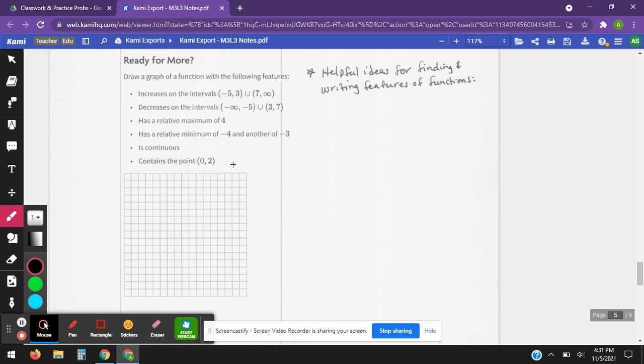So I need to make sure my points are hitting some of these. I need to make sure it goes at least up to 7 and -5 on my axes. I'm just going to make this right in the middle.